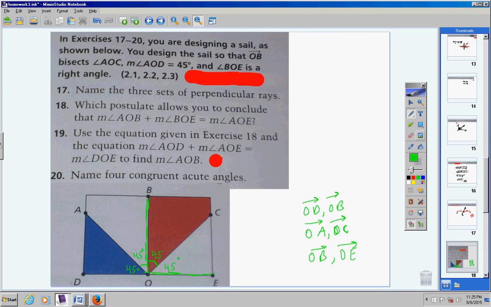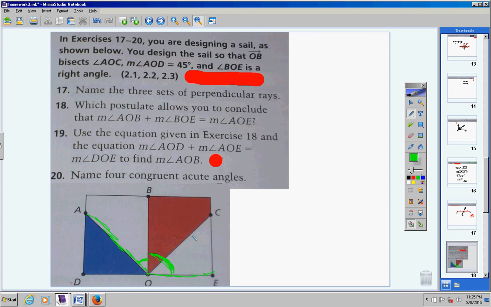Which postulate allows you to conclude? Now watch this. If you add angle AOB, so this angle here, plus angle BOE, so this whole angle here, alright? So you add this angle here, plus this angle here, and it equals this whole angle right here, AOE. So in other words, this angle here, plus this angle here, equals this entire angle here.